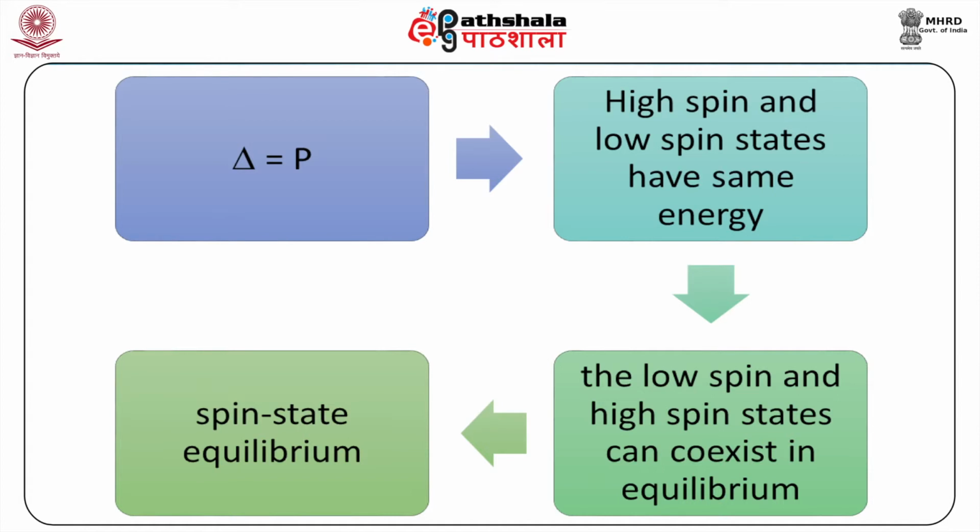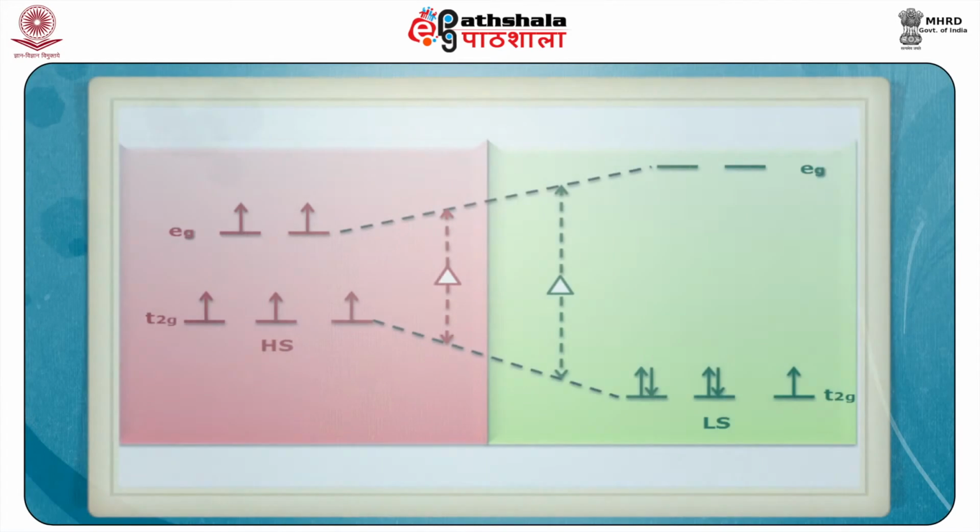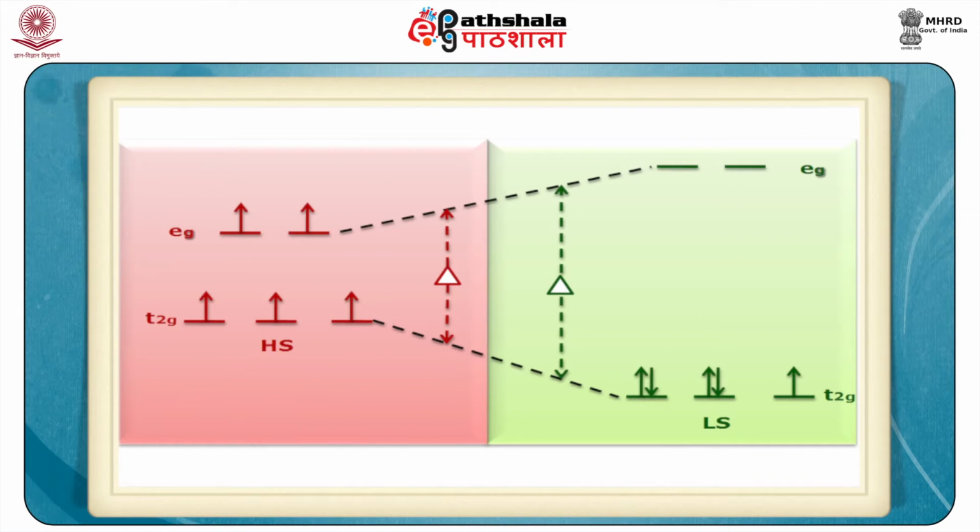The magnetic moment for these complexes will be anomalous. An example of a metal ion that can exist in either a low spin or high spin state is Fe3+ in an octahedral ligand field.